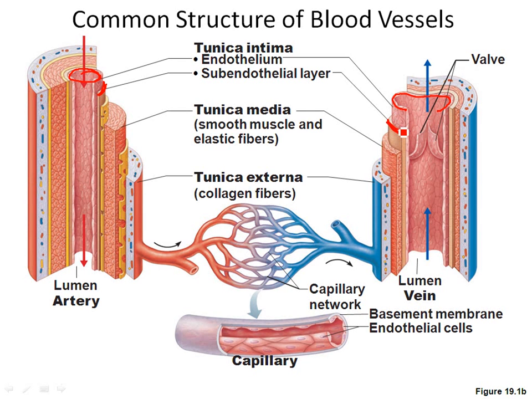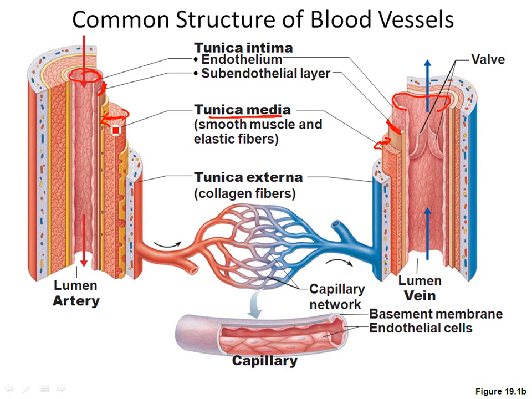Then you go to the tunica media, that middle layer, and it's composed of smooth muscle and elastic fibers. You need the smooth muscle because you have a lot of vasoconstriction and vasodilation going on, and that smooth muscle is what controls that. This is real important in the arterial system, not so much so in the venous system. So in the venous system, you're going to have a thinner, smaller tunica media. In the arterial system, it's going to be much larger.